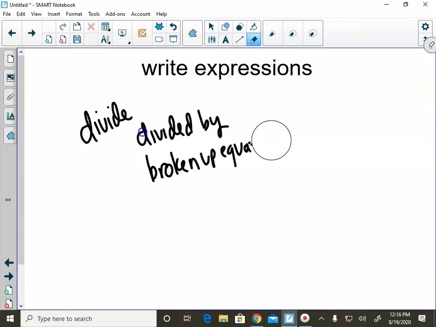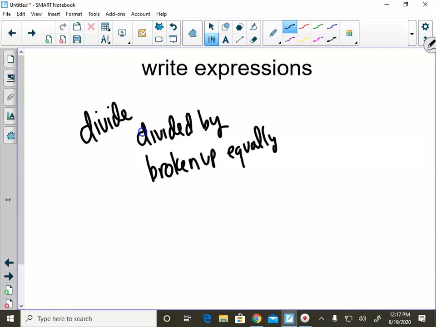And then finally, the one that we're looking for is quotient. And quotient is the one that tells us we're looking for parentheses.